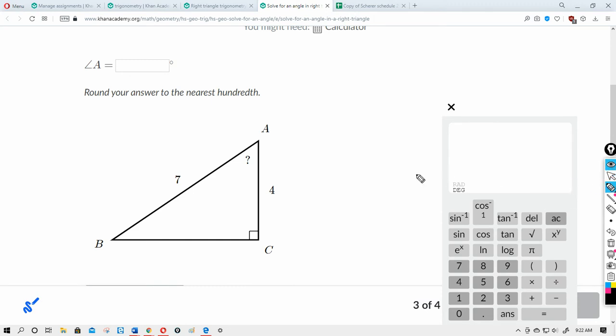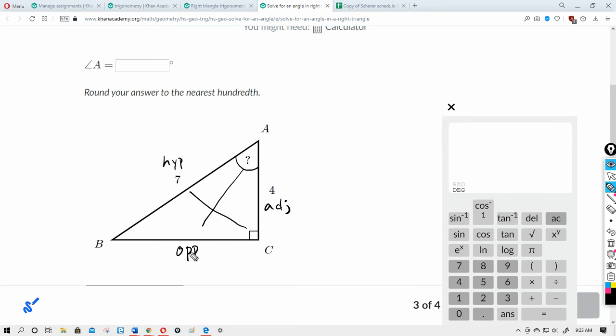All right, so I think these are basically all the same. Just look at your angle, question mark, go across from that, that's your opposite. Go across from 90, that's your hypotenuse. The remaining side is your adjacent.